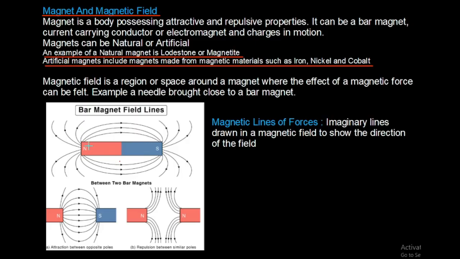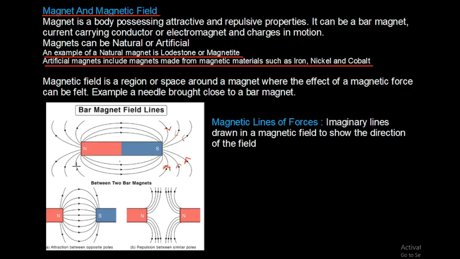This is what the magnetic field around this bar magnet looks like. We have the lines of forces coming from the north pole and ending at the south pole. You can see the direction of the arrows. It usually starts from the north and then ends on the south. Do not mind this direction here; this is supposed to be moving inward.